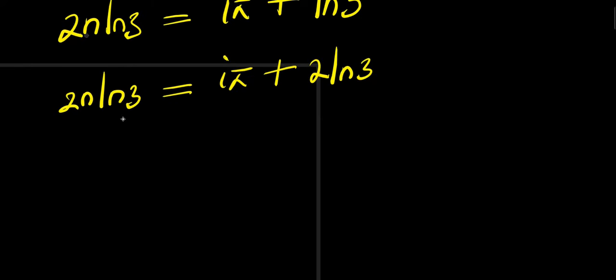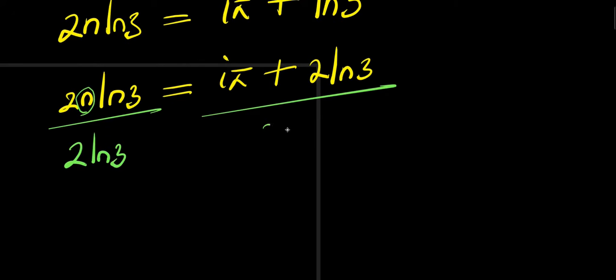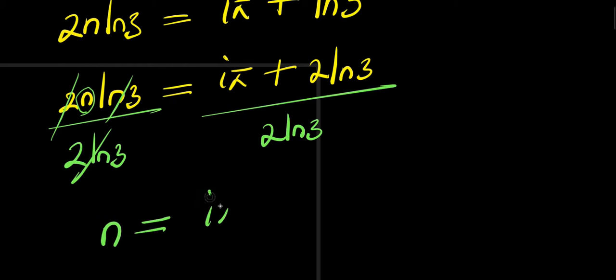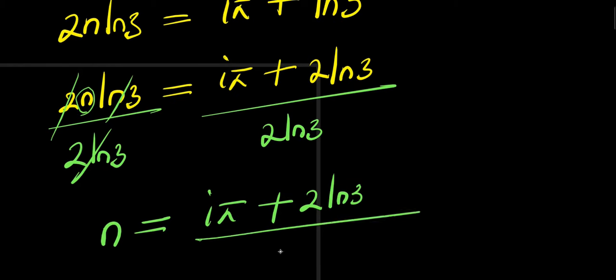So I can isolate n by dividing this by 2 times natural log 3, dividing this by 2 times natural log 3. Let's cancel, so I have n equals i times pi plus 2 times natural log 3 divided by 2 times natural log 3.